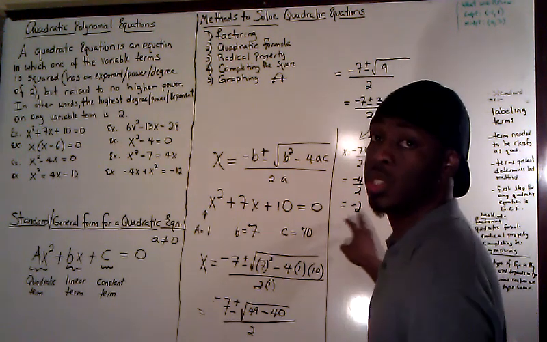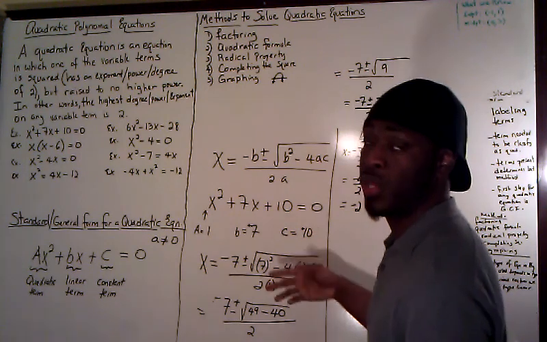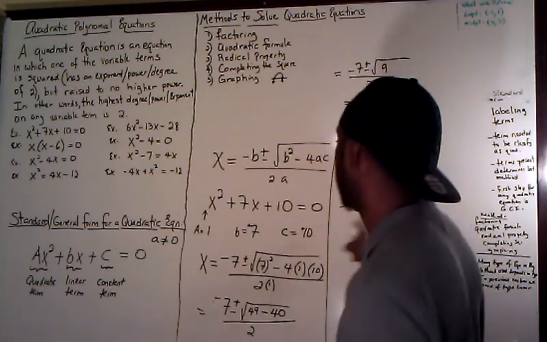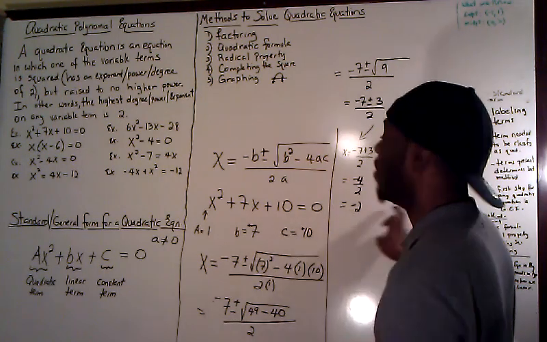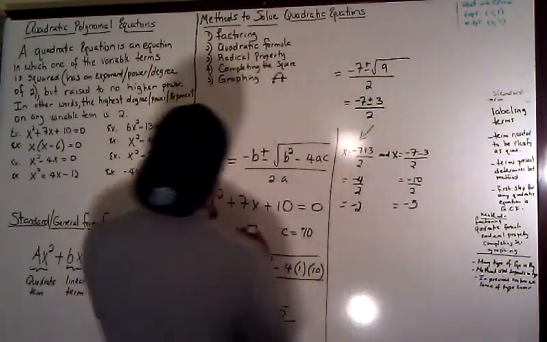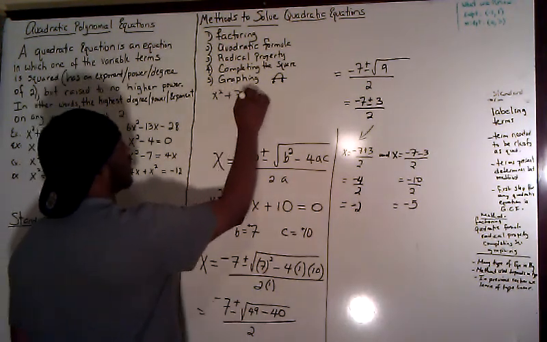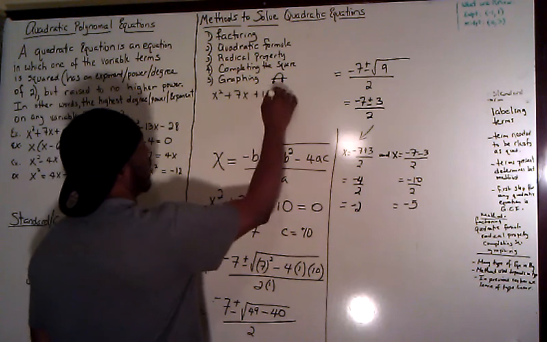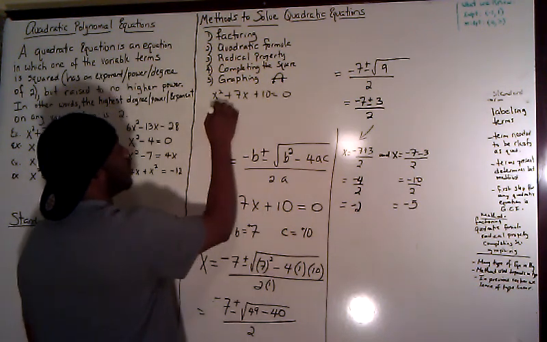One of the things you need to do when you're dealing with the quadratic formula, or when you find your solutions period, is you need to check your answers into the original equation to see if both answers satisfy the original equation. So if we were to check our answers into the original equation, x squared plus 7x plus 10 equals 0, and if we want to try the negative 2 first, that's negative 2 squared.